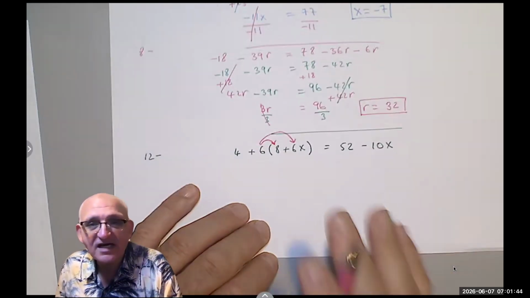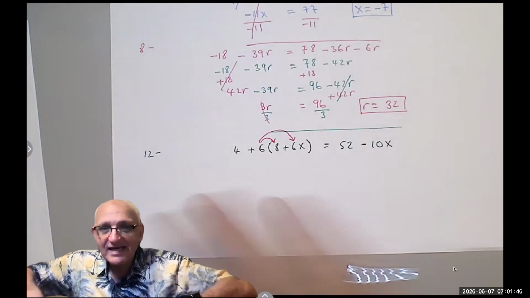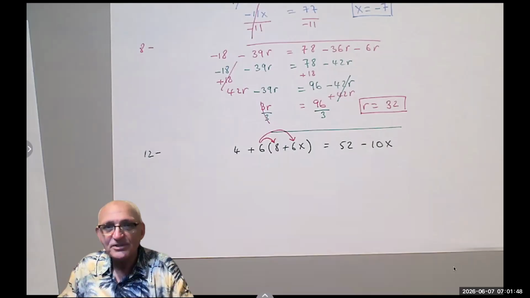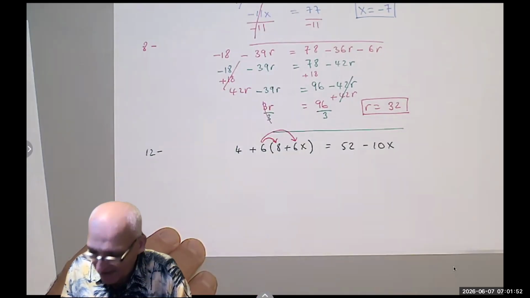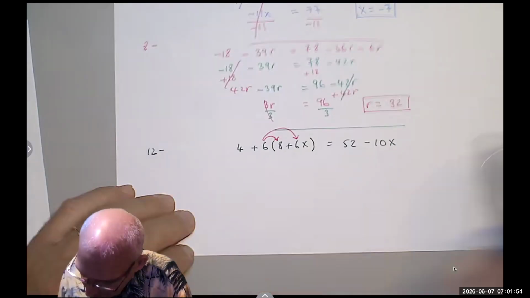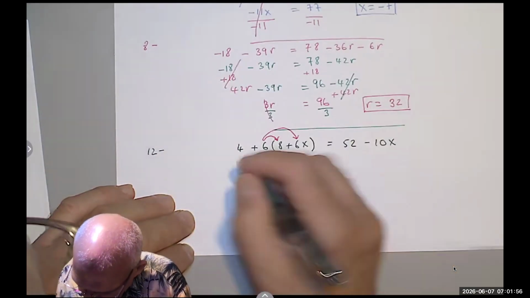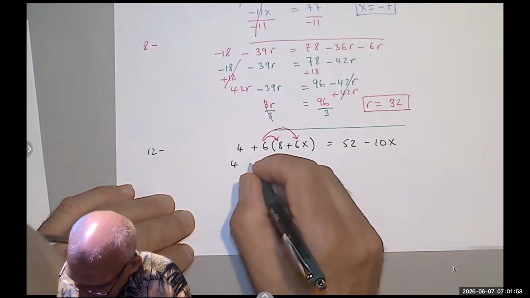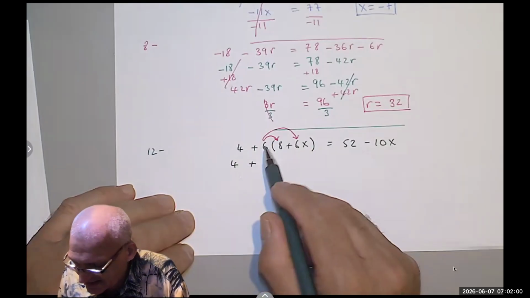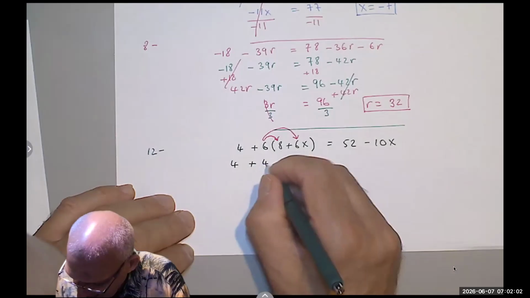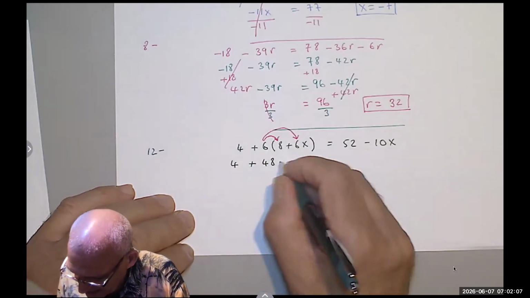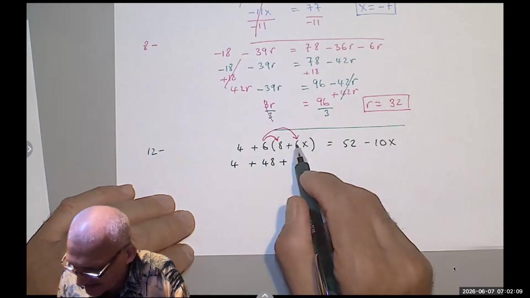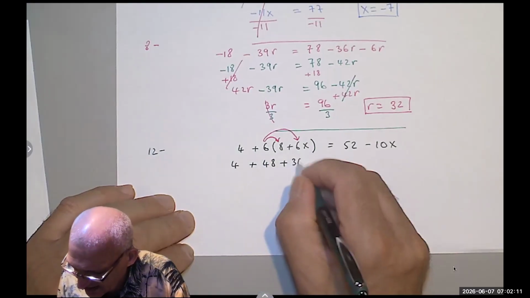So the first thing I have to do is to break down this attachment and make it look like the previous problem. I have a 4, and I have a positive sign, and then 6 times 8 is 48, so I say 48. Positive times positive is positive, and 6 times 6x is 36x.